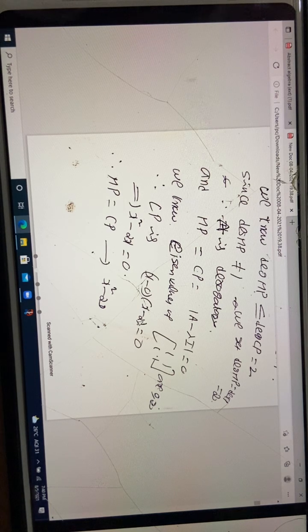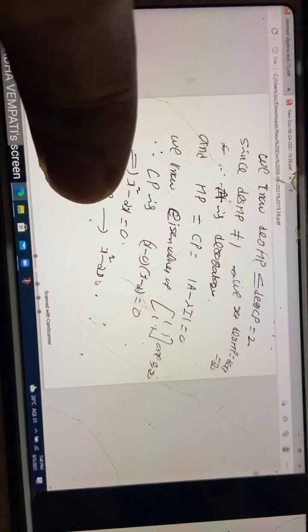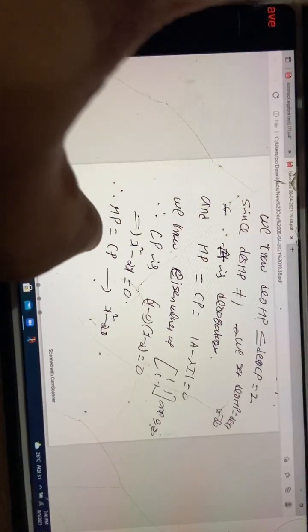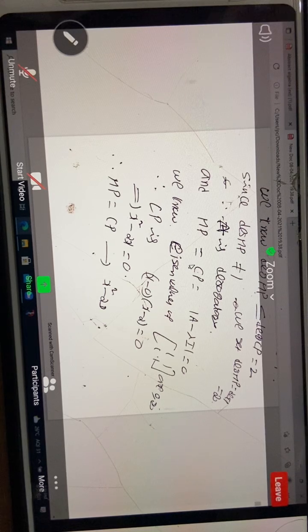So x into x minus 2, that is x square minus 2x, is the required characteristic polynomial. It is also the minimal polynomial. Therefore minimal polynomial equals characteristic polynomial equals x square minus 2x. Is it derogatory or non-derogatory? It is derogatory. If they are not equal, it is non-derogatory.